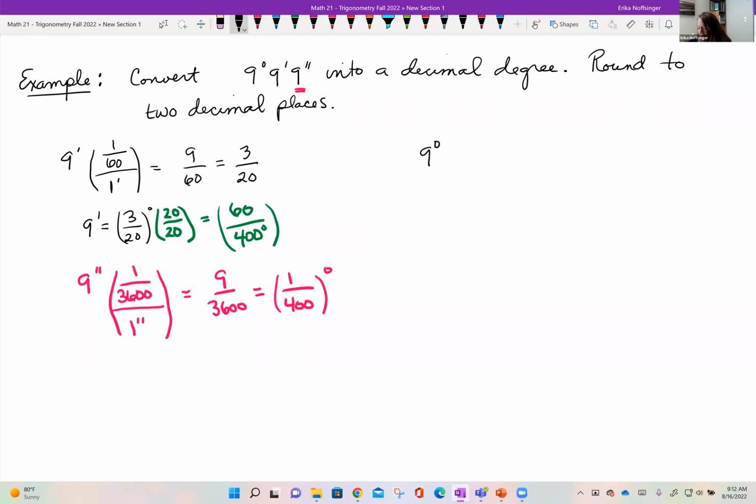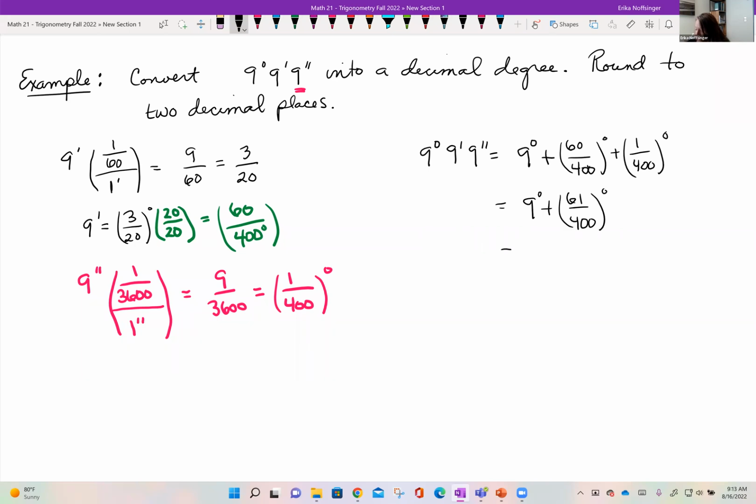So 9 degrees, 9 minutes, 9 seconds is equal to 9 degrees plus this 60 over 400 degrees plus this 1 over 400 degrees. So this is going to give us 9 plus 61 over 400 degrees.